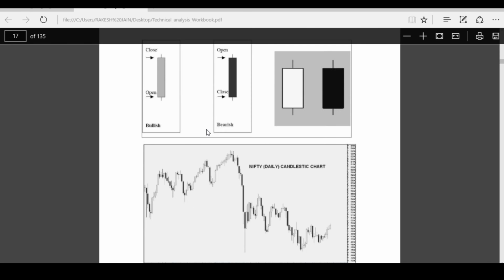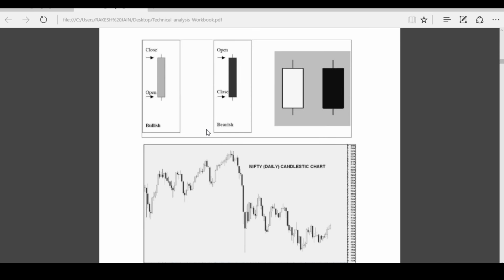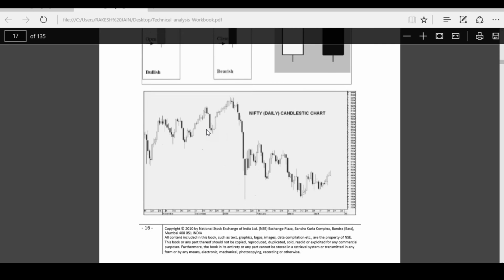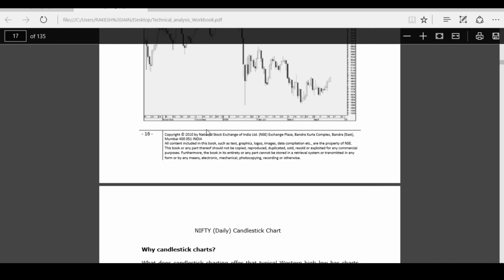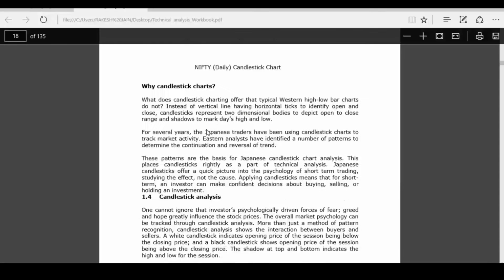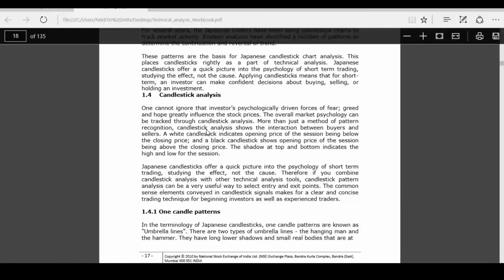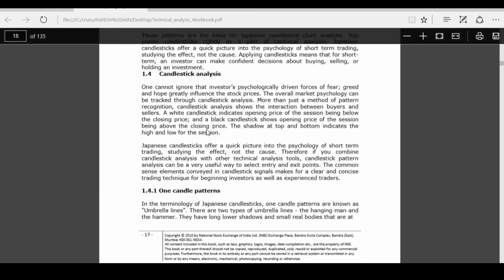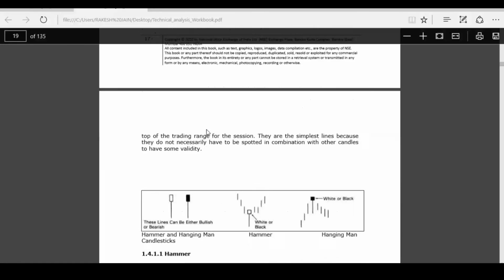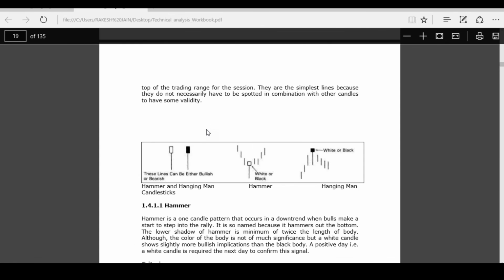The close was say around 565 and the low was 550. So what does it show? It shows that the stock has closed below where it had opened.